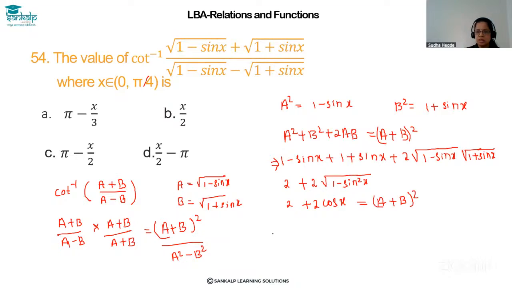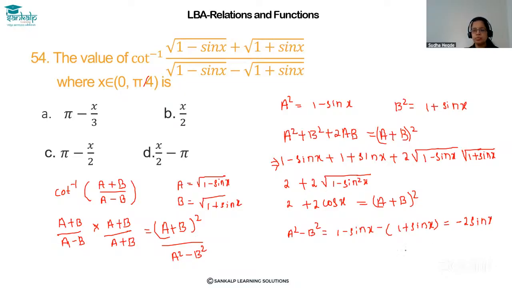Now what is A square minus B square? A square minus B square is equal to 1 minus sin x minus 1 plus sin x. That is equal to minus 2 sin x.